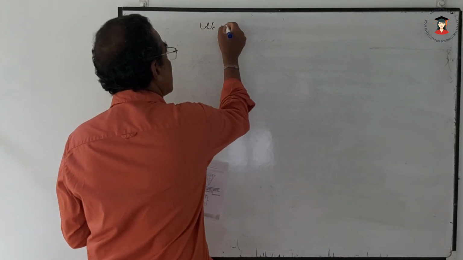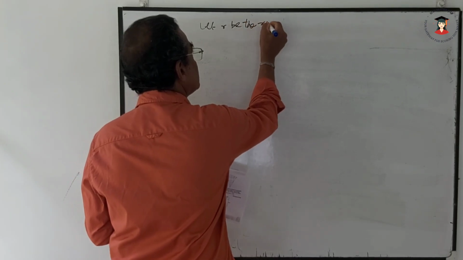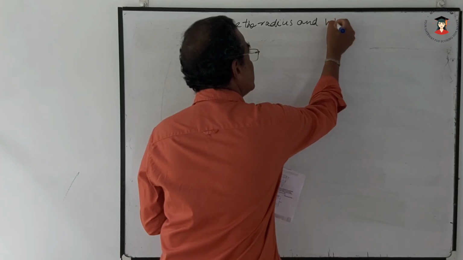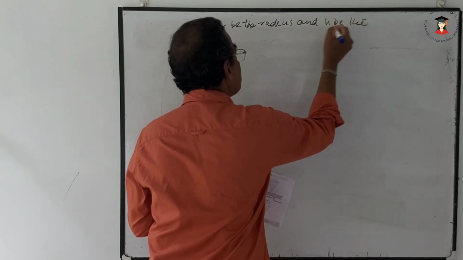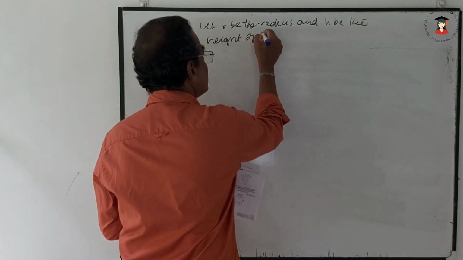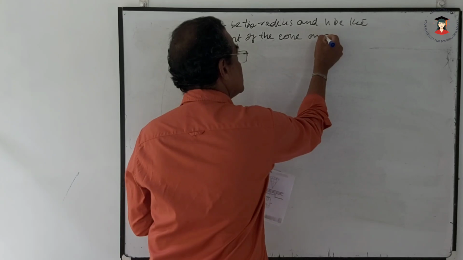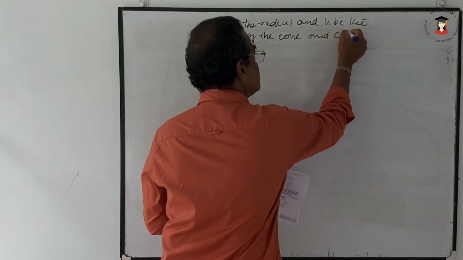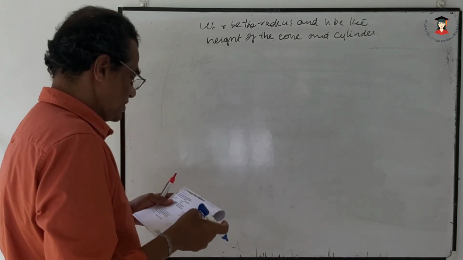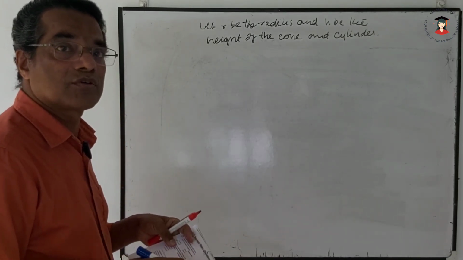Let r be the radius and h be the height of the cone and cylinder. Here the volume of the cylinder is given. In the previous example, the volume of the cone was given.